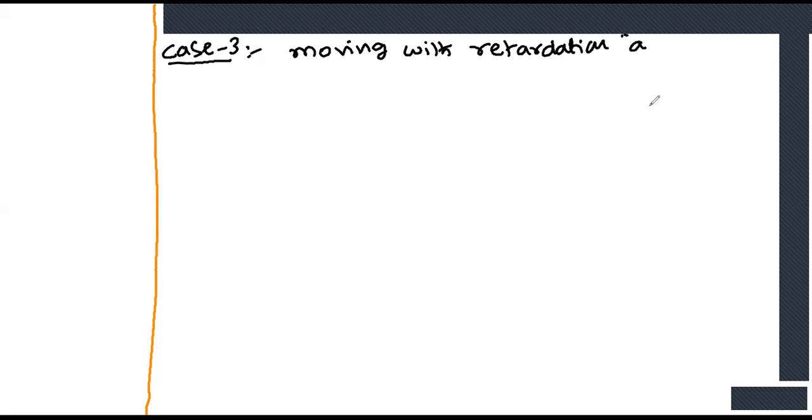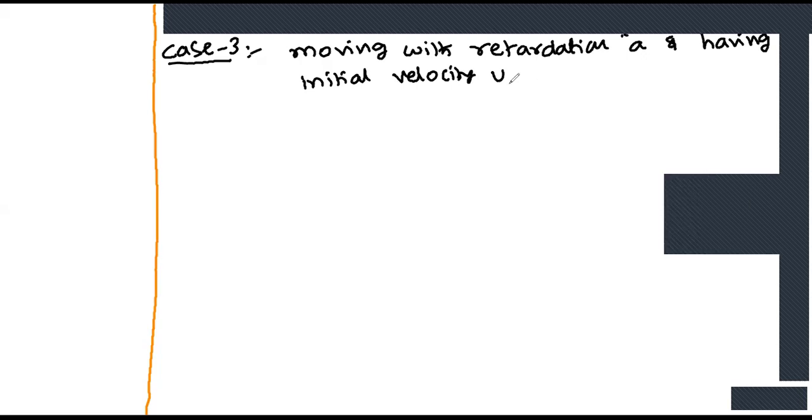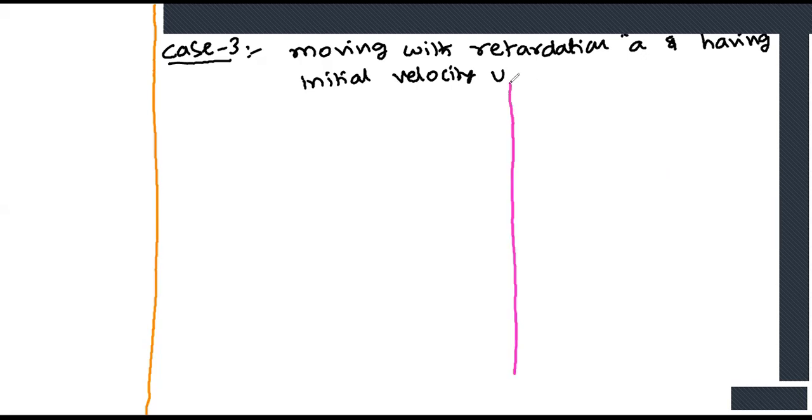What is retardation? Negative acceleration, having initial velocity as u.